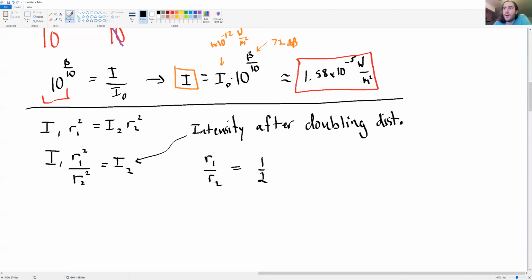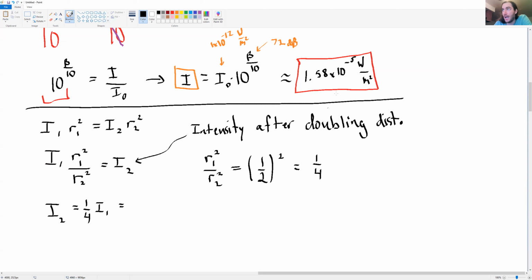But we're not after R1 over R2, we're after R1 squared over R2 squared. So what we can do is we can just square this number right here, right? So R1 squared over R2 squared is 1/4. So our intensity I2 after doubling the distance is equal to 1/4 times I1.